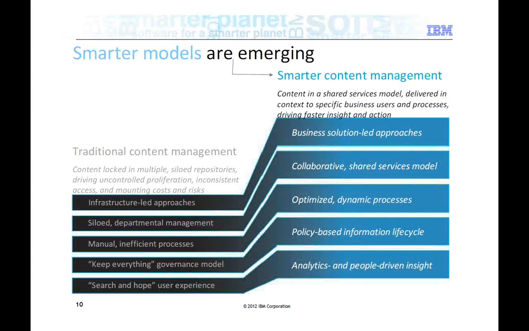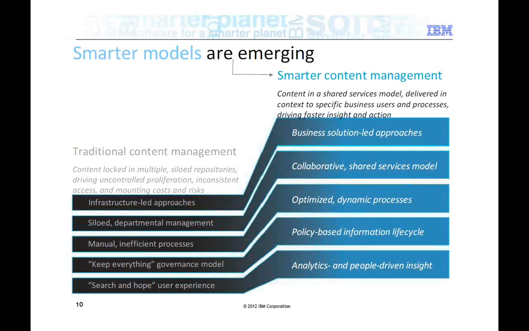But now, smarter models are emerging, what we call smarter content management. In this, content is a shared service. So use one common content management repository to manage your images, your documents, compound documents, emails, rich media, video, etc. All in one extensible platform rather than applications with a lot of internal investment.